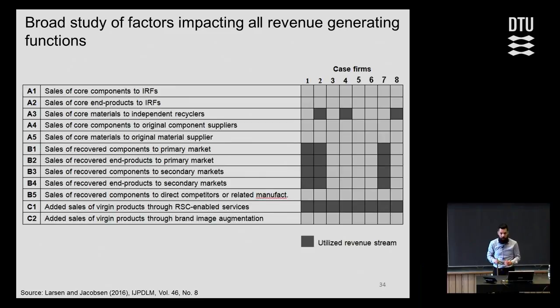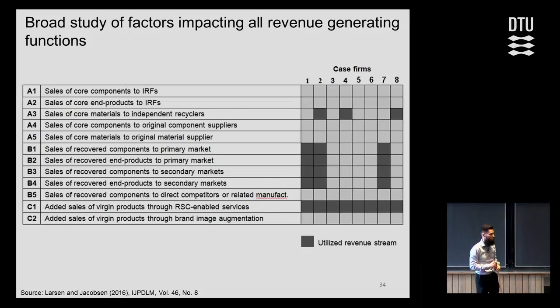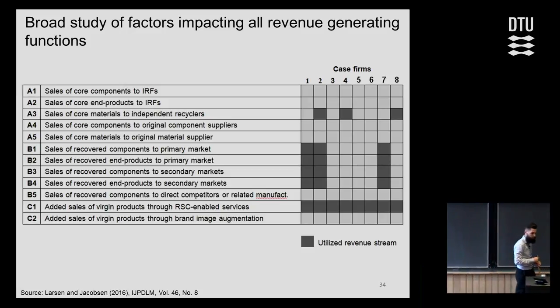And I studied 8 case firms for this particular paper. These 8 case firms are all OEMs, and they meet all the requirements of the types of firms that I'm looking at in this PhD project. What the right-hand side of that figure shows, that three-eyed monster, is the pattern of industrial utilization of these 12 revenue streams.